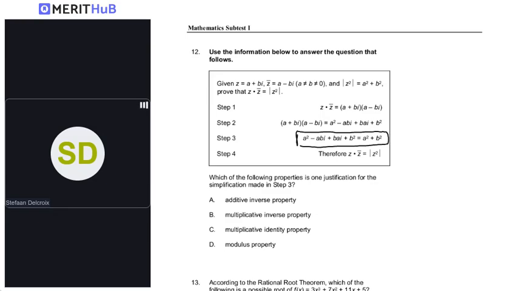In words, what did they do in step 3? But they simplified something, right? Two things canceled out. The minus ABI and the plus BAI canceled out. So which one of those four properties seem to best explain that they cancel out?